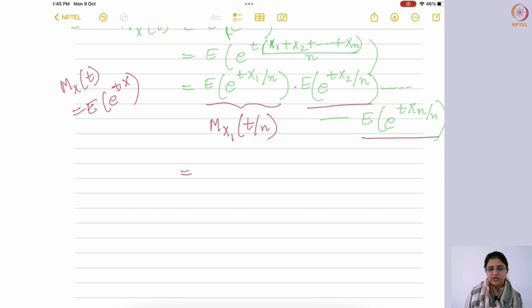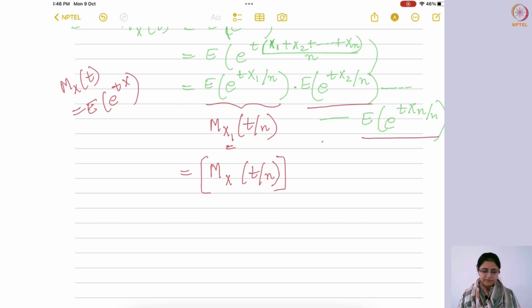Now, since you know that all these xi's are identically distributed and they are coming from the same population, their MGF would also be the same. That is why instead of writing the moment generating function of x1, the moment generating function of x2, you could simply write the moment generating function of x at t by n, and since there are n such terms, you would raise it to the power n.